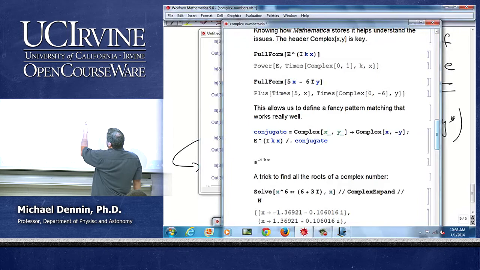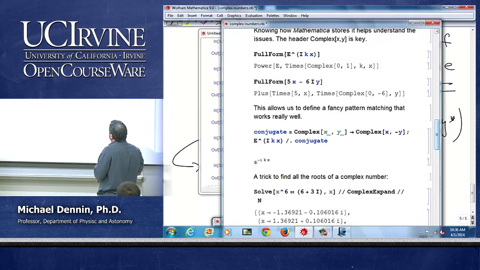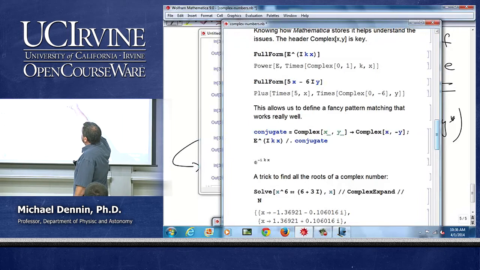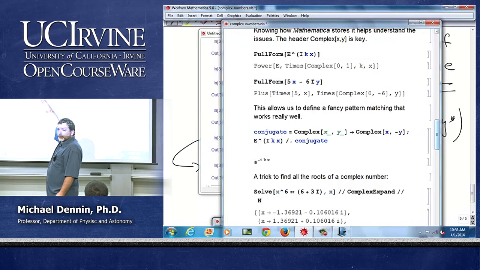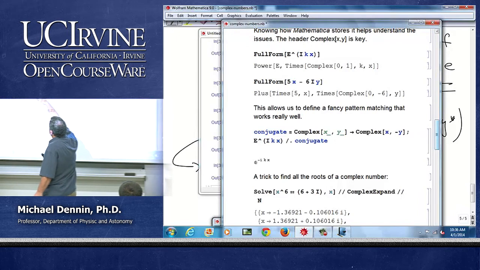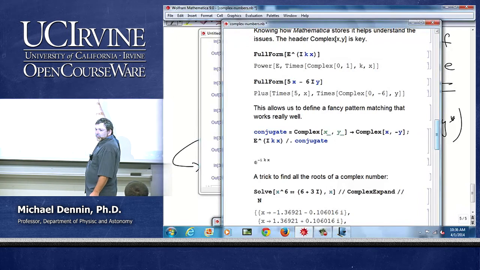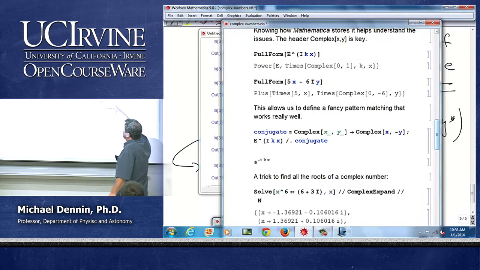So what is e to the I kx actually? Well, it's a complex number, 0, 1, which is just I, times kx. That's what the times is telling you. And it's a power of e to that power. So the power function is telling you to take e to this product, that's what the times function is telling you, of a complex number times k times x.